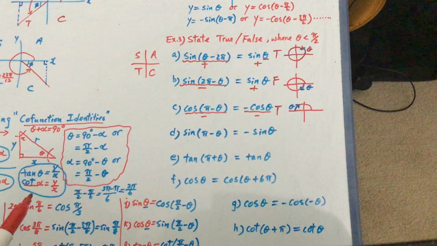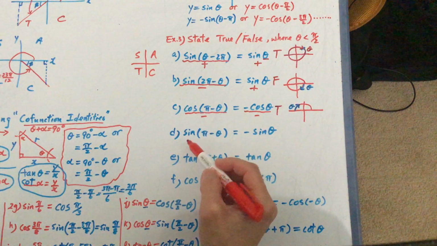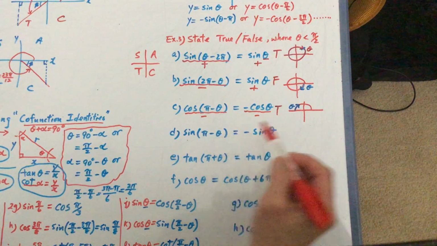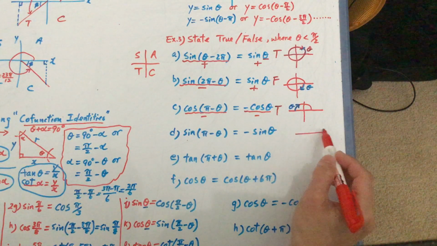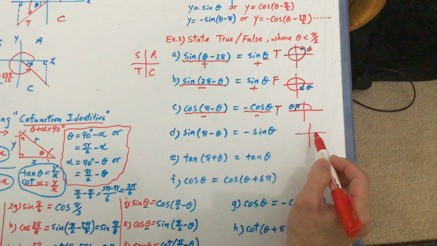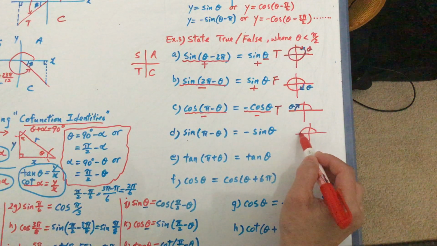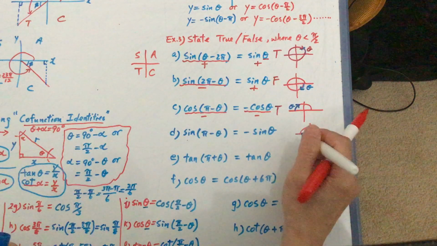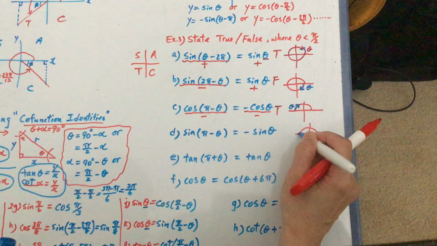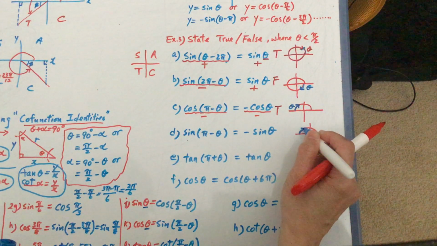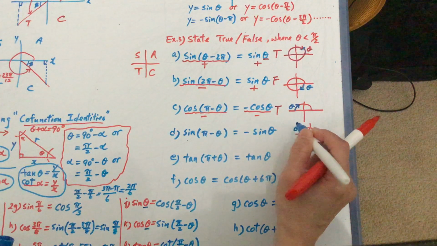Okay, and the next one, the sine of pi minus theta. So I have a pi, so positive pi going in this direction, but then from here minus theta, that means I'm going back in this direction.